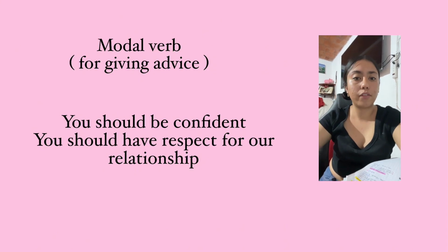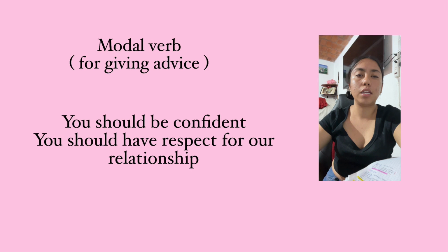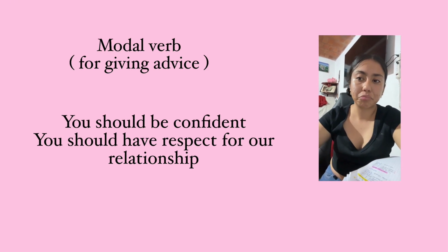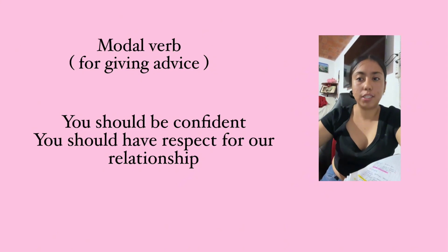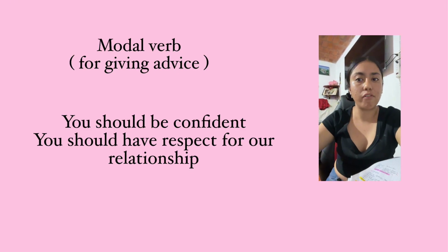So the first is, you should be confident. You is the pronoun, should the auxiliary, be the main verb in its base form, and confident like a noun. And my other example is, you should have respect for our relationship.